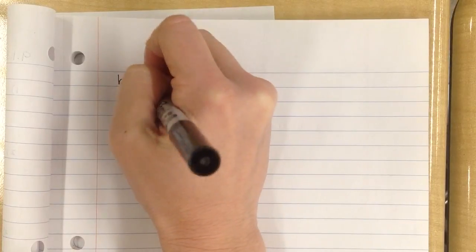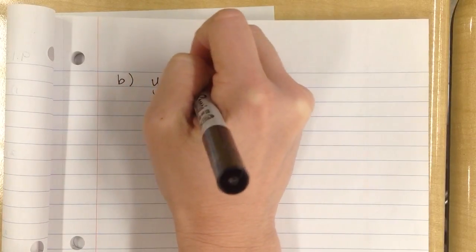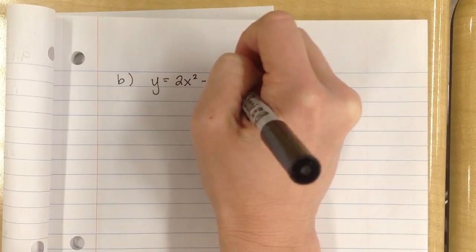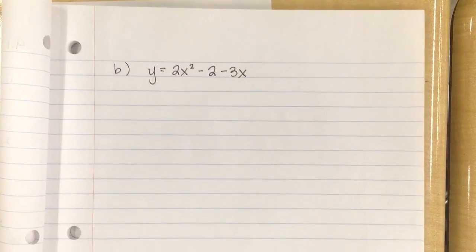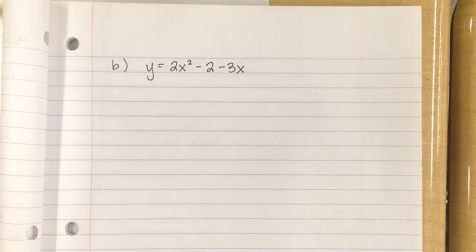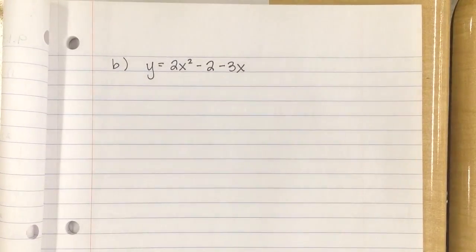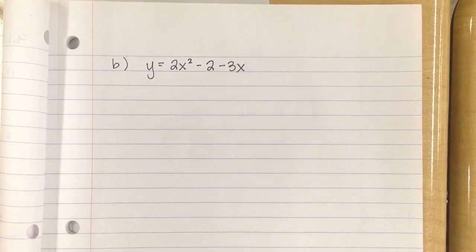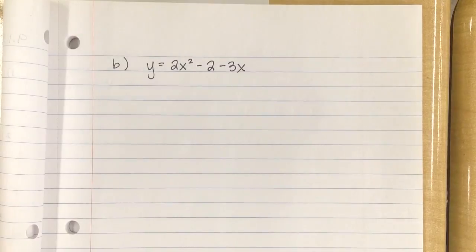Part B tells us the new equation of y equals 2x squared minus 2 minus 3x. The very first thing I'm going to do in this equation is rewrite it into standard form. Currently it is not in standard form, and that is what this question is trying to trick me into doing.